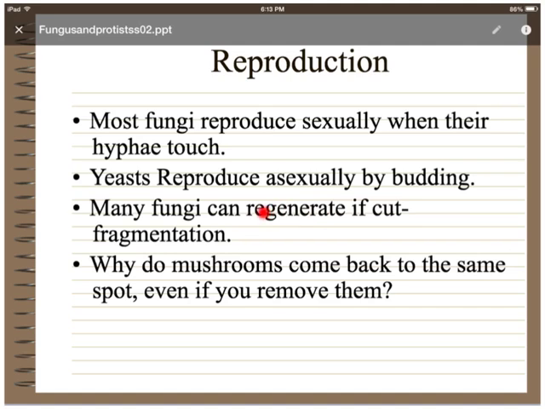If you cut a fungus, it can actually regenerate. That's called fragmentation. You also have budding. Budding is an asexual process. It's a natural cloning process that fungi can do. Essentially what happens with budding, a yeast is just a circular cell. The yeast will start to get what looks like a little tumor growing on the side.